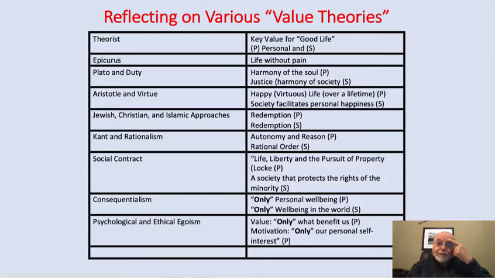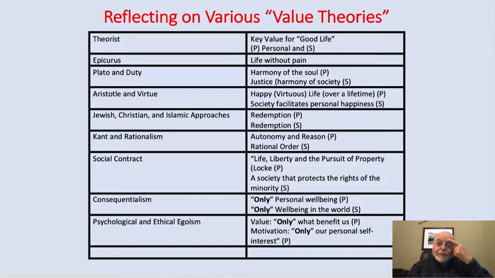Aristotle was interested in virtue, a happy, virtuous life, and the happy, virtuous life was one that you could see at the end of your life, look back and say, I've lived a good life, a virtuous life. And social ethics were built around facilitating that kind of personal happiness. So there was an interaction between personal and social.